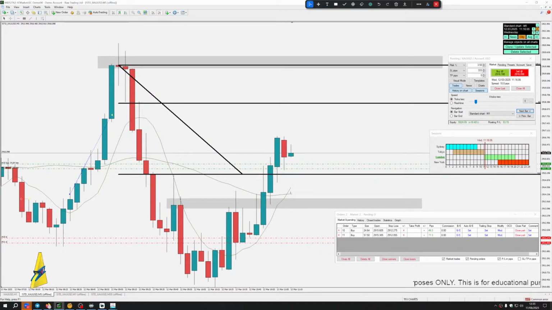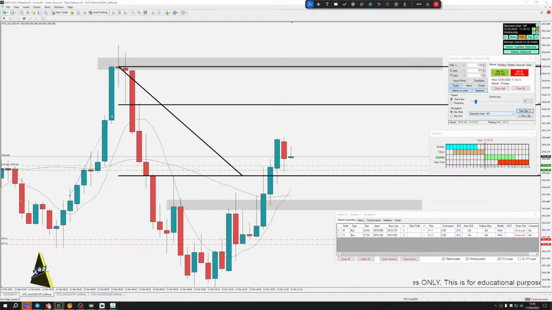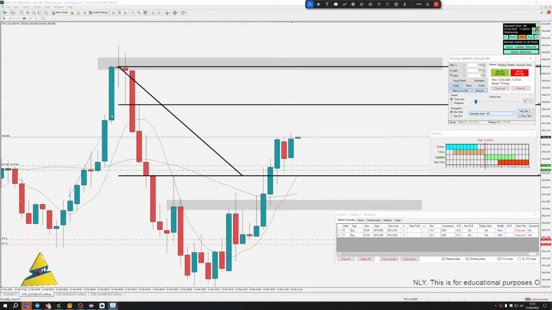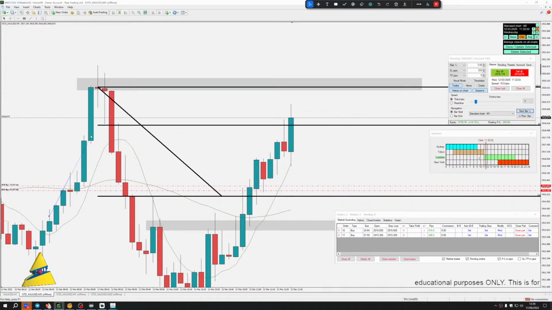If it comes down at this point, then we're just going to have to see how we can reduce our stop loss. But since it's moving up, I'm thinking about where I can put my stop loss to break even. All right, I'm putting my stop loss to break even here. Oh, nice. All right, so wait, what are we going to do?